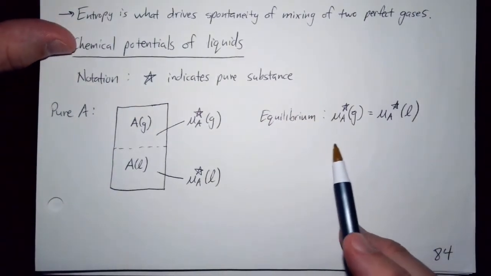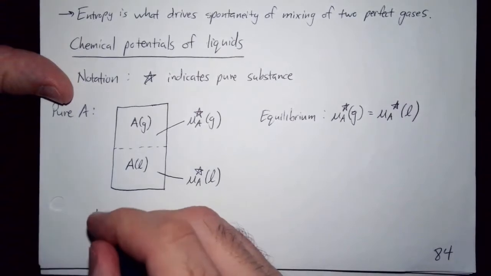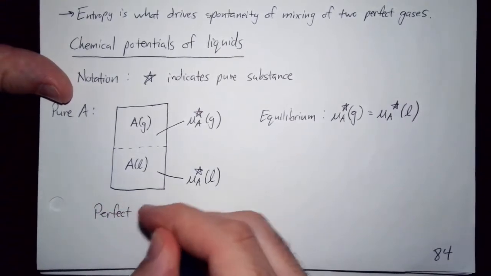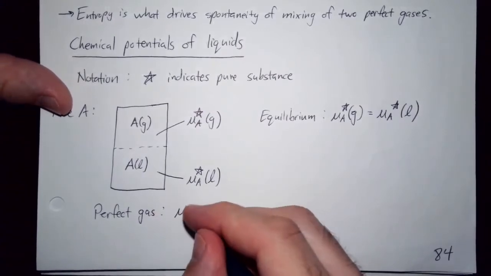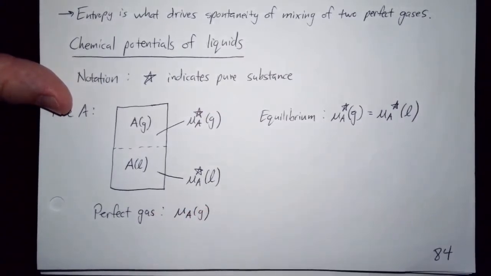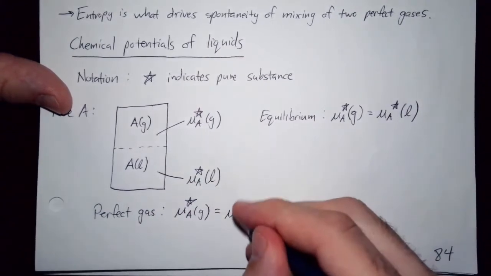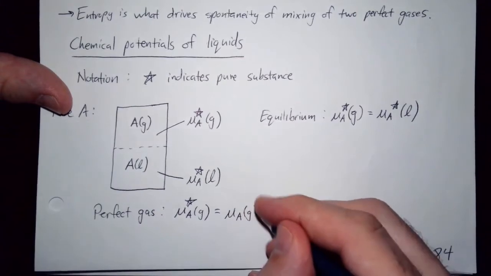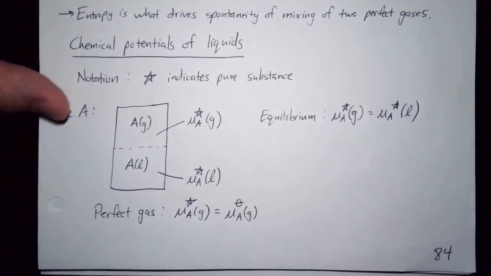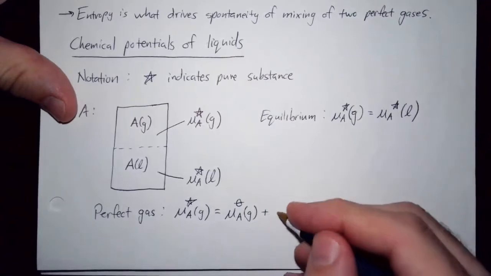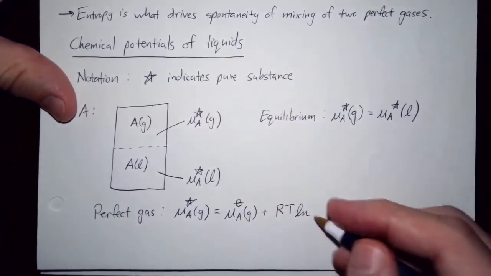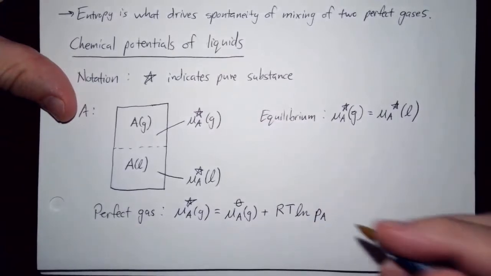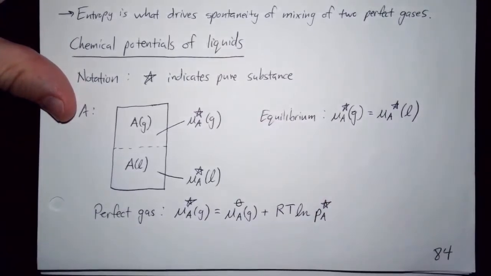Okay, and we just saw that for a perfect gas, we can write the chemical potential. We have a formula for it. The chemical potential of a perfect gas, in this case, substance A in gas form, and it's a pure substance, so I'm going to put the star here, is equal to the standard chemical potential at standard pressure plus RT natural log of the pressure of gas A. And again, it's pure A, so I'm going to put a star here.